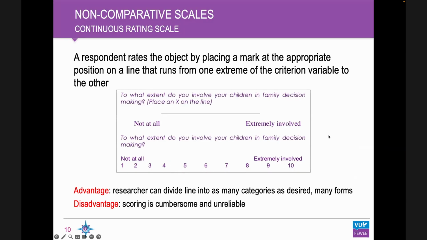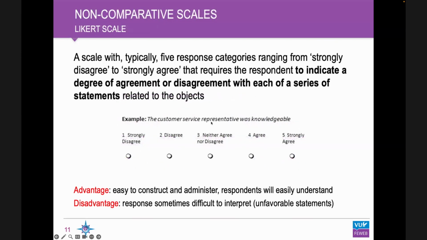The disadvantage, though, is that once you have the scores, like these marks, you really need to score them. And it's a bit hard to score exactly, it's very hard to understand where they wanted to put the score. To overcome that, you can use itemized rating scales.